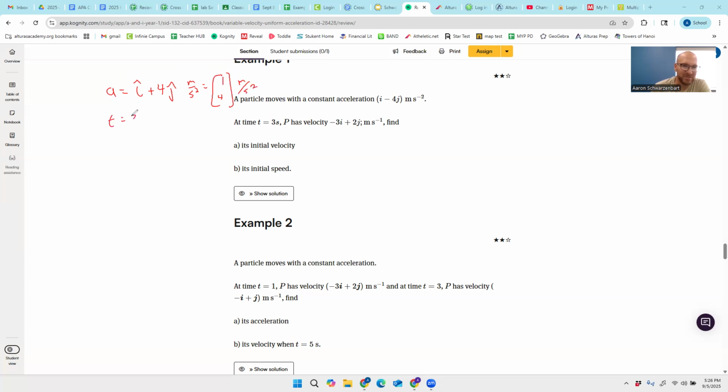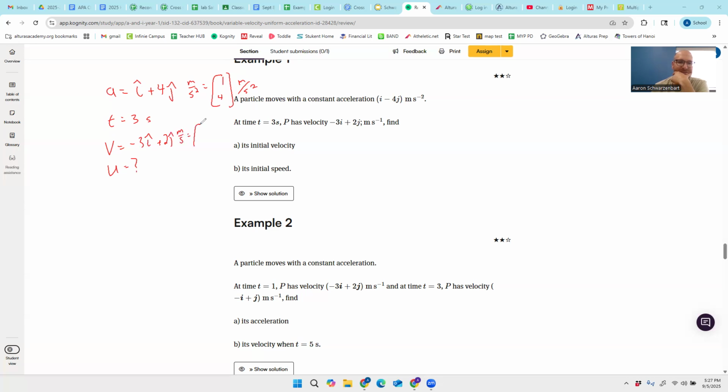T equals 3 seconds. V is my final velocity. I'm looking initially for its initial velocity, and then we'll do its initial speed. The final velocity is negative 3 i hat plus 2j hat, in meters per second.